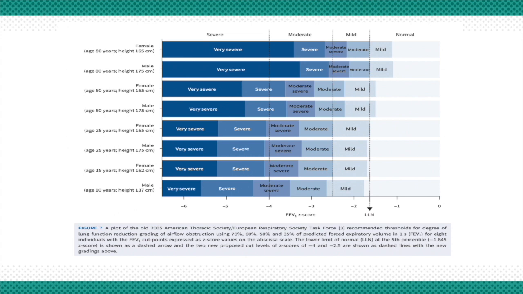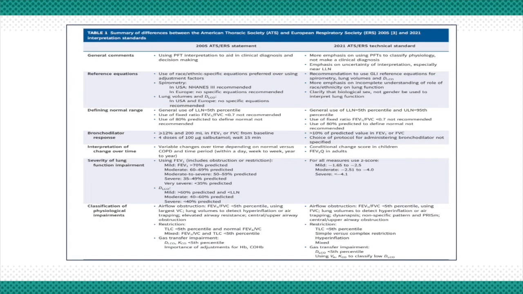Patients who were diagnosed as severe and very severe, if you look at minus 2.5 to minus 4 Z-score, these patients have a moderate affection. And so there is a change in their diagnosis and a change in the PFT interpretation based on the new scoring method. This is a very good summary of the changes between the 2005 and 2021 technical standard.